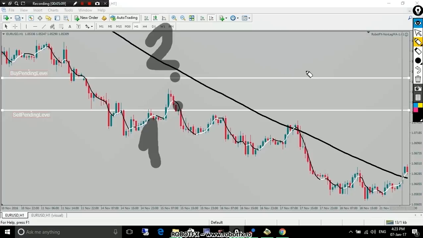And let's say that if the price goes up and hits the pending buy order, then obviously this order 2 will become active, and we will have one sell at one lot size and one buy at two lot size. Immediately when this happens again, the expert advisor will place a pending sell trade.